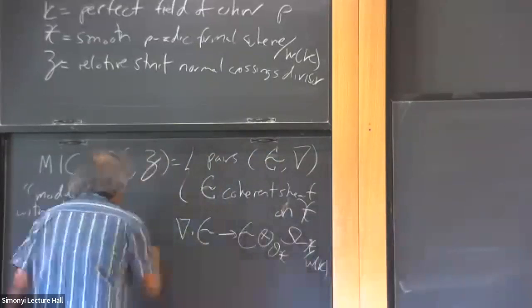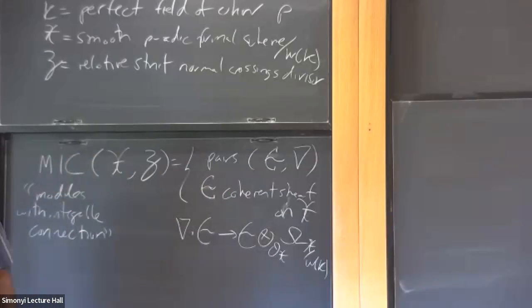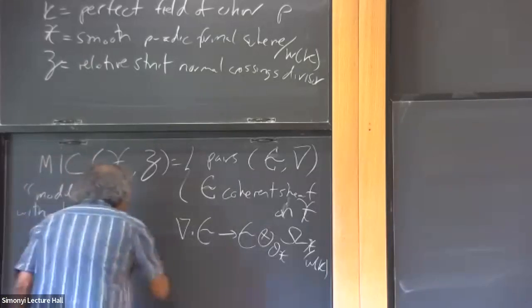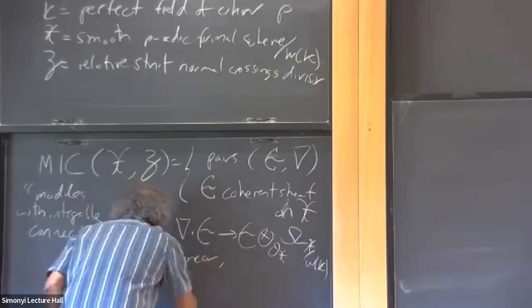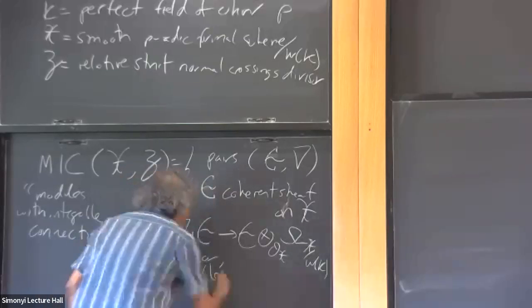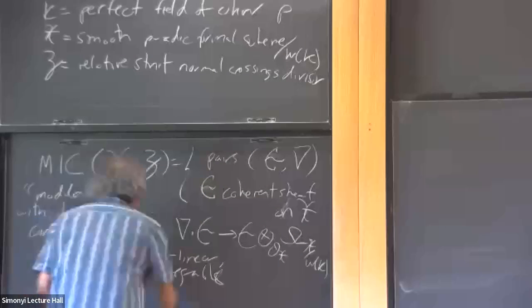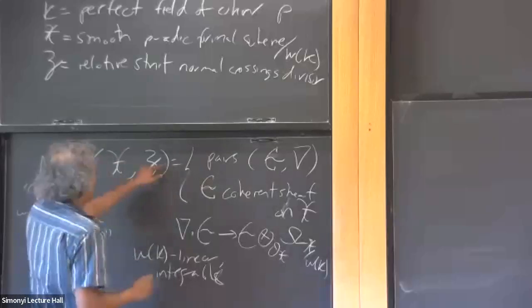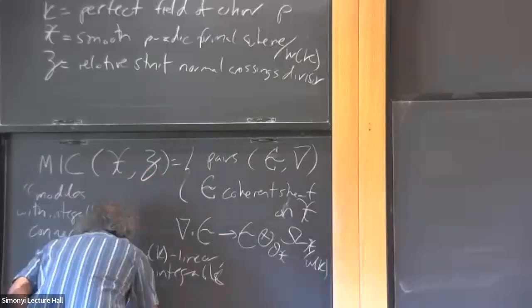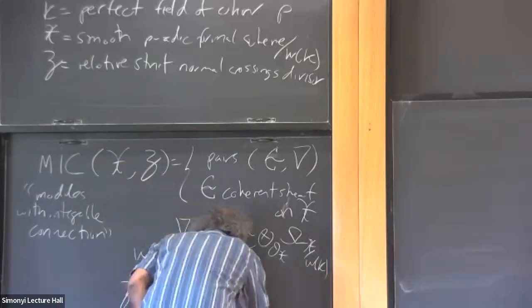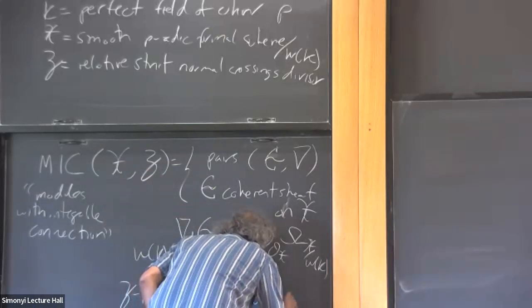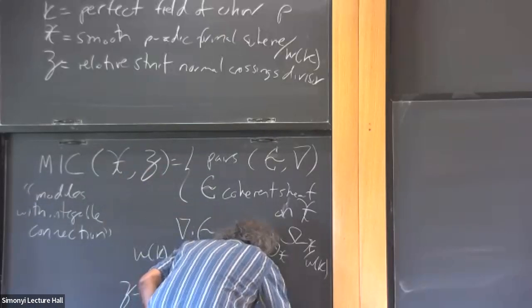Nabla is going to be a W(k)-linear integrable connection, so the curvature will be 0. And I want to allow it to be logarithmic, so I'll say Z-logarithmic connection on this sheaf E.